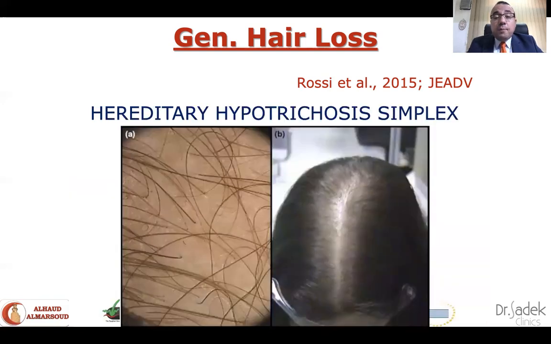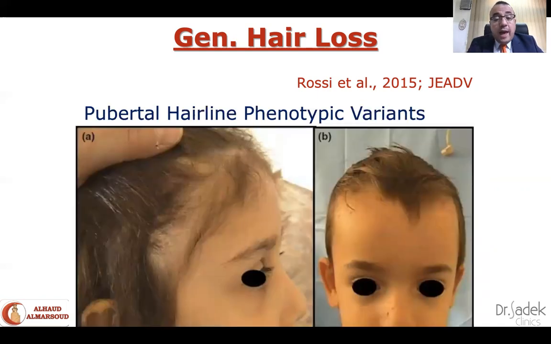For hereditary hypotrichosis simplex, there is a decreased number of hair follicles, there is decreased thickness of hair shafts, there are single hair follicular units all over the scalp, dating since birth. And that's how we differentiate this condition. And also the pubertal and sometimes pre-pubertal hairline phenotypic variants, which are sort of early androgenetic alopecia.